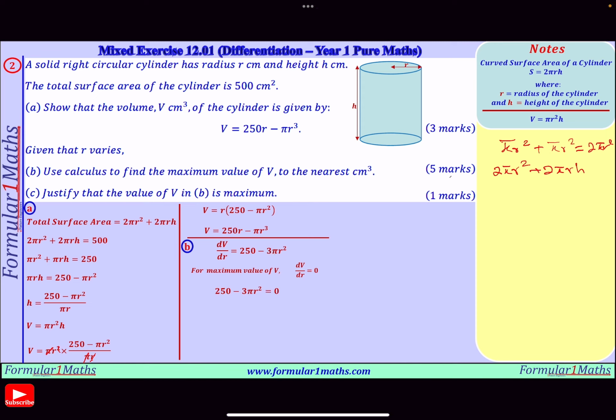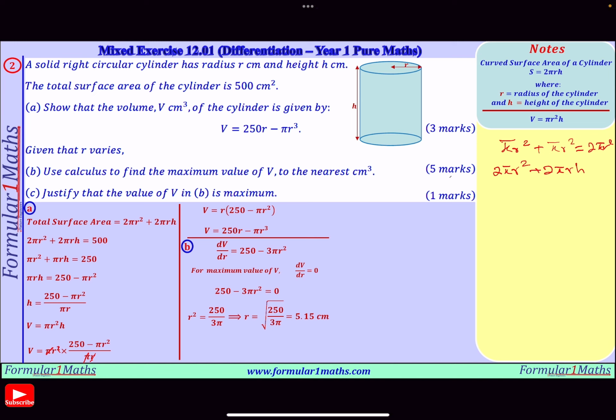And so 250 minus 3 pi r squared is equal to 0. Rearrange to get r squared is equal to 250 over 3 pi. We want r, so we're going to find the square root, and we're going to get the square root of 250 over 3 pi. Evaluate this, and you're going to get 5.15 centimeters. So the radius is 5.15 centimeters.